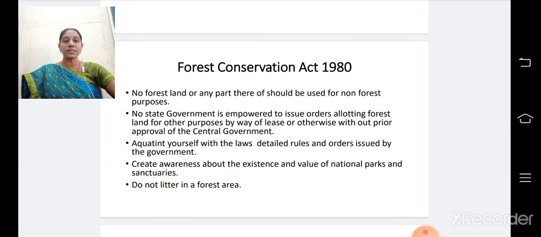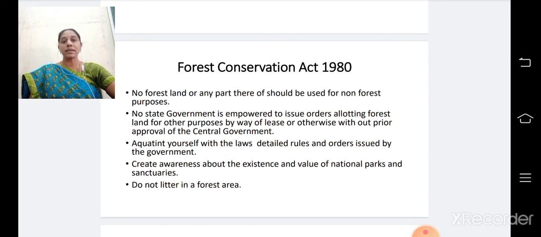Create awareness about the existence and value of national parks and sanctuaries. We have discussed these national parks and sanctuaries, and how important they are. You must protect them. We must not allow unnecessary practices like hunting or poaching. To avoid all these things, this act came.